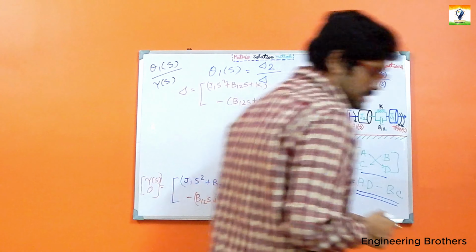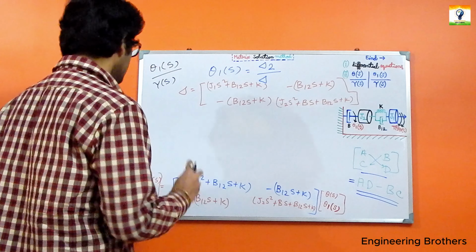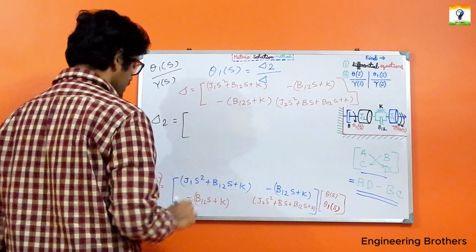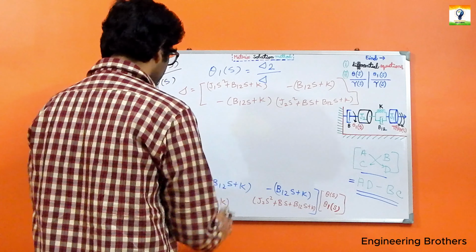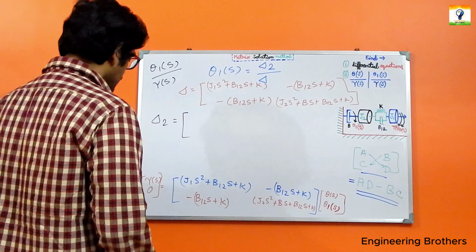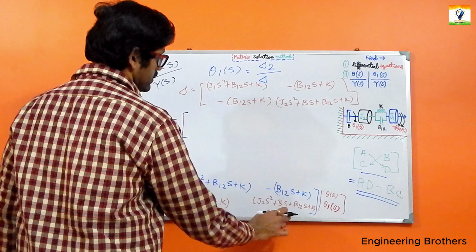And for our delta 2, the matrix is this one. The first element is the same as over here, but for delta 2, there is a tau s and 0 that replaces our second element.